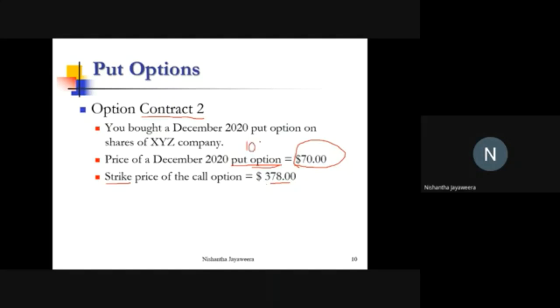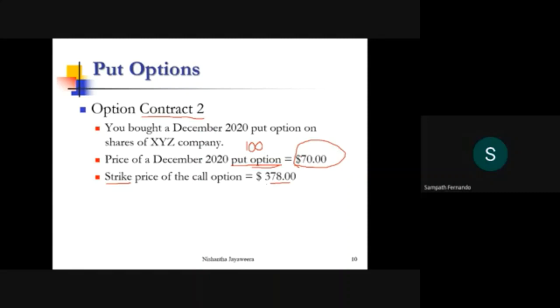One contract consists of 100 shares, like in futures. So this premium is for the whole contract. If you calculate the premium per share, it's only 0.7. But the strike price is always given per share or per unit of the underlying asset. Is it clear now? Yes, sir, clear.